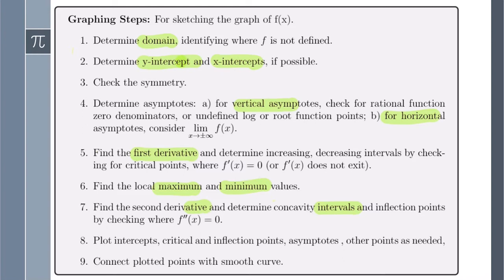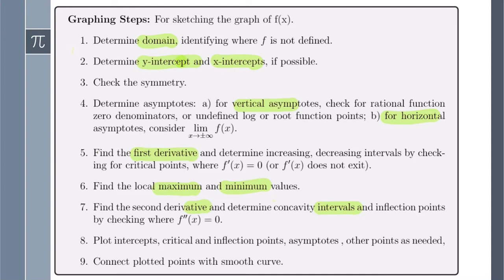So one question might be, why do we need to graph this by hand? Because these days we know that we can use technology to graph a function, but the goal of this section or this video is to graph a function by hand so that we put everything that we have learned so far together, like finding critical points, using the first derivative to find the intervals where the function is increasing or decreasing, finding local max and min, and then finding the inflection points and concavity.